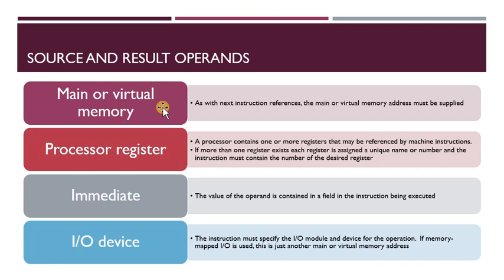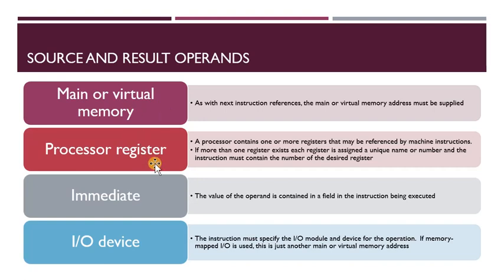Remember that in program execution, the address of the main memory is inside the instruction, and when the instruction is executed, it will obtain the value pointed to by that address. So basically, that's the idea of the machine instruction for main or virtual memory.